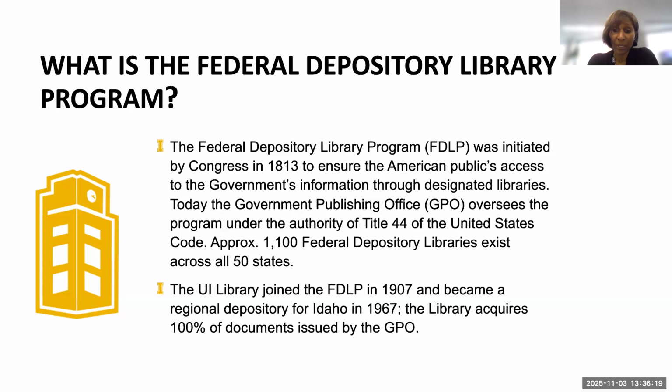The U of I Library joined the FDLP program in 1907, and in 1967, we became a regional depository for the state of Idaho. And we receive 100% of documents that are issued by GPO, the Government Publishing Office.